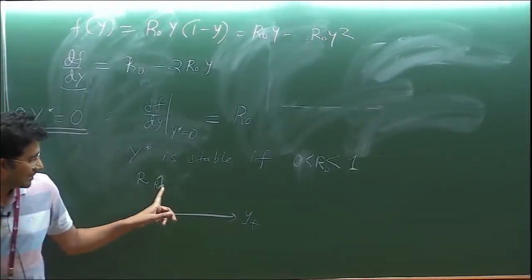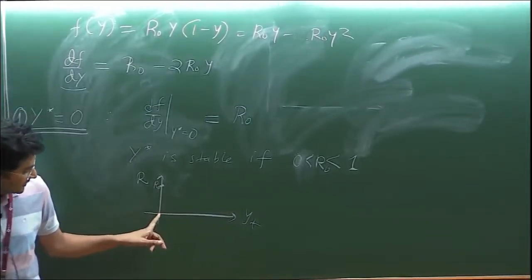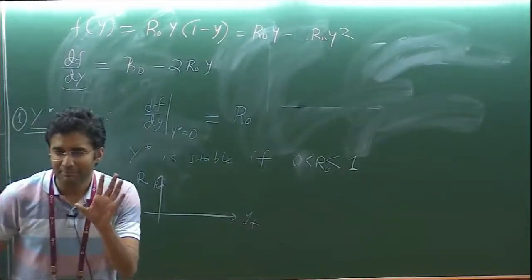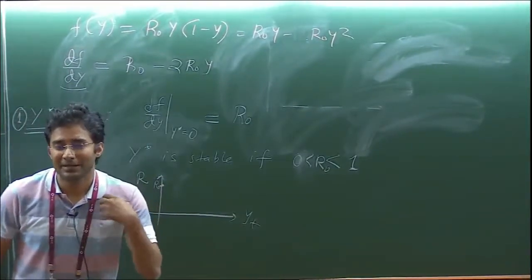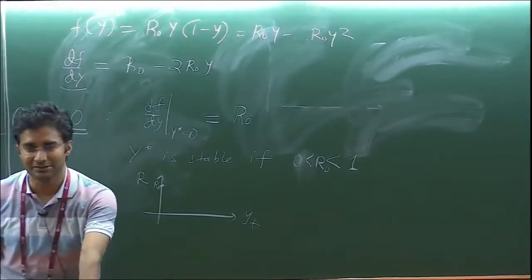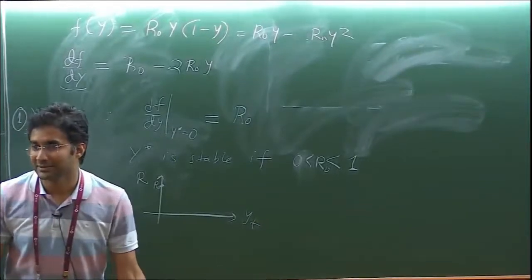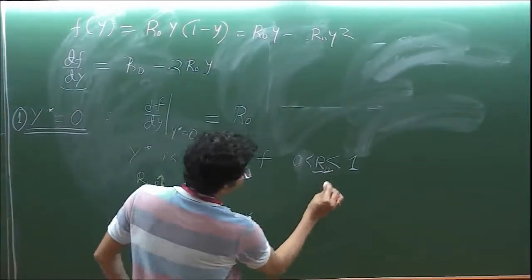R0 is effectively the growth parameter for very low population densities. Even for very low population density, R0 is less than 1. R0 is effectively 1 plus b minus d, right? The effective births are less than 1 per individual. For every individual, the next generation has fewer individuals. What will happen? They can only die over time. So it intuitively makes sense.